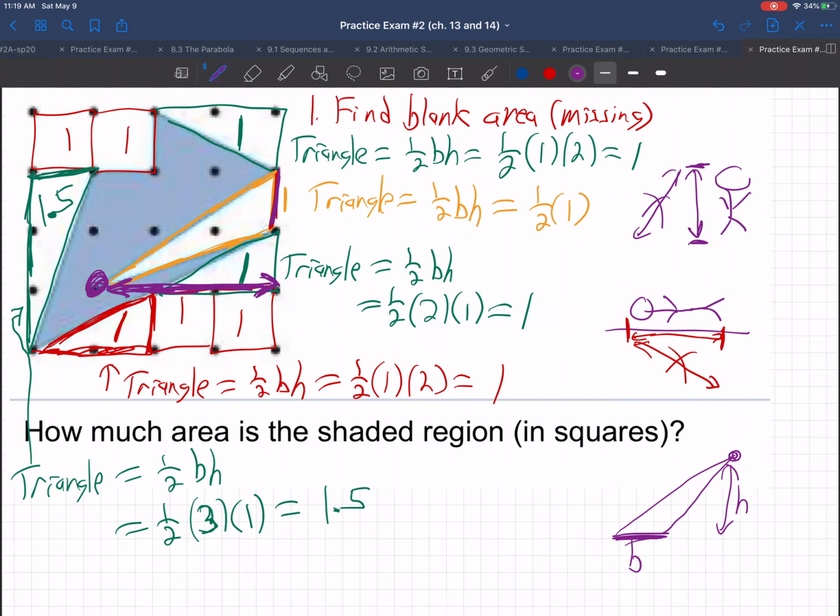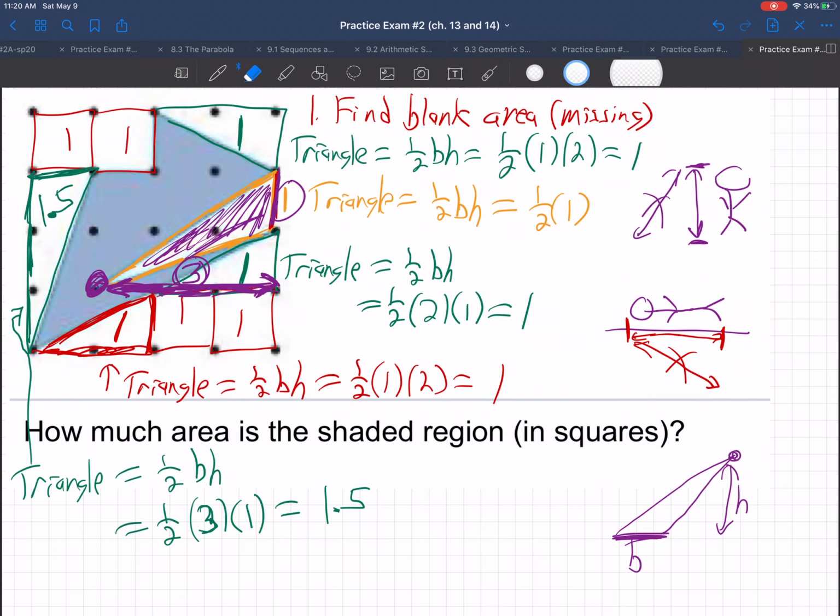Well, this is the same thing. This triangle here is just sitting sideways. So its area: base is 1, height is what? 3. The height is 3 here. 1, 2, 3. That's its height.